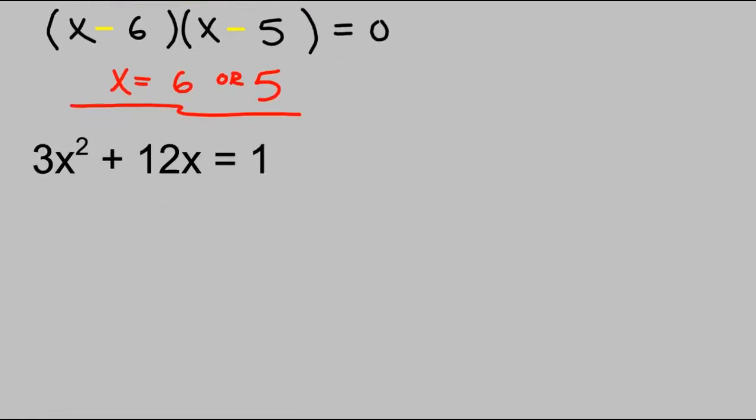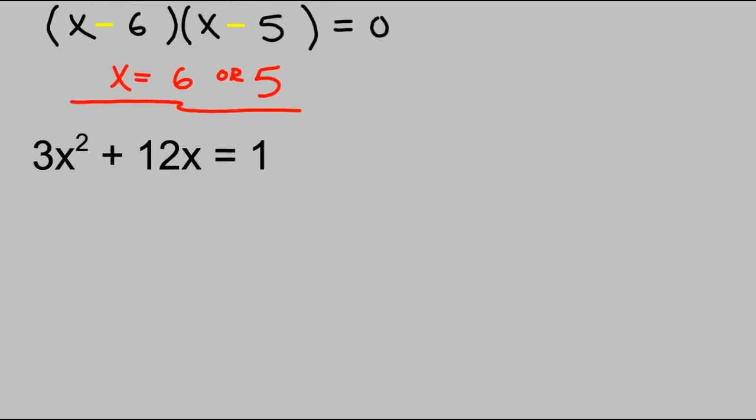This next problem's a bit crusty because you get fractions, but that's all right. We can deal with a little crust. Divide both sides by 3. Divide everything by 3, because you can't complete the square until x squared is 1. That's a little bit of the problem sometimes with complete the square: if there's a number in front of x squared, I probably am not going to use complete the square because it becomes kind of messy.